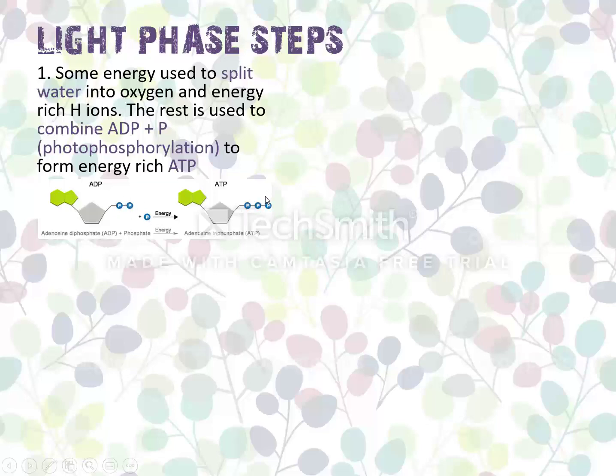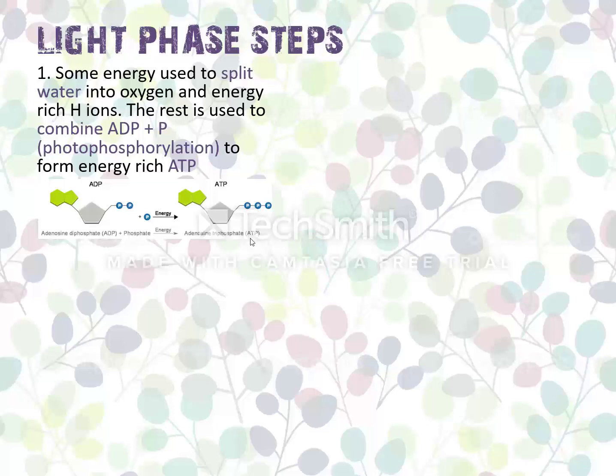In other words, when we're breaking that, we're releasing the energy that was stored. That process is actually called phosphorylation, but because it's happening in the presence of light, it's called photophosphorylation. So ADP, adenosine diphosphate, plus a phosphate makes ATP, adenosine triphosphate.